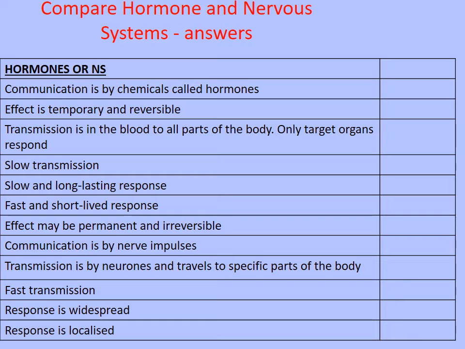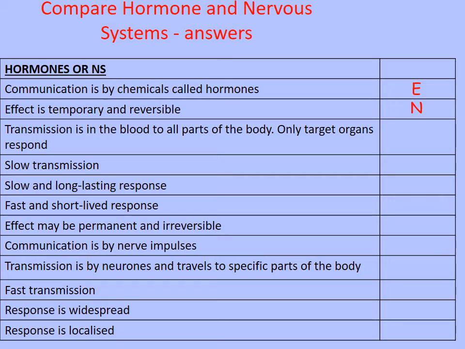Right, little review exercise for you now. So look down this list and see whether you think they are hormonal or endocrine system or the nervous system for each of these statements. So communication is by chemicals called hormones, fairly obviously it's the endocrine system. Effect is temporary and reversible, would be nervous.